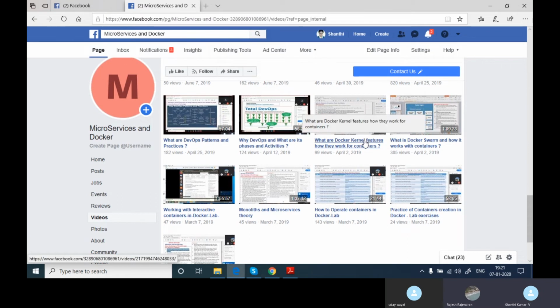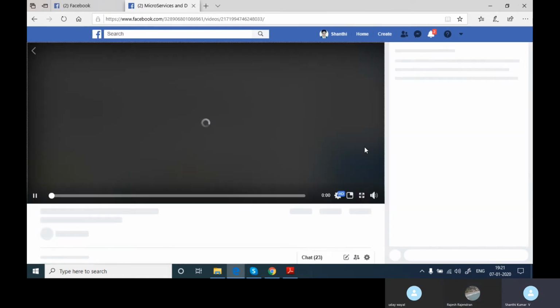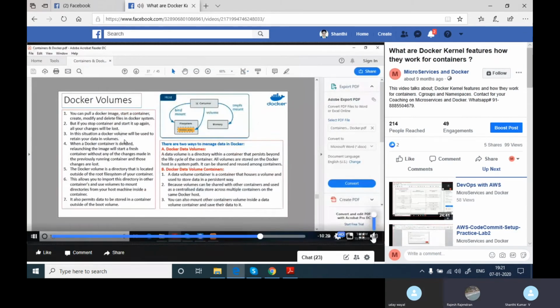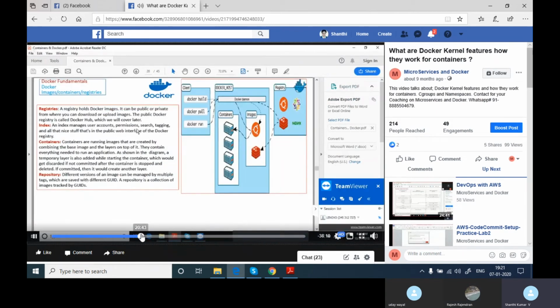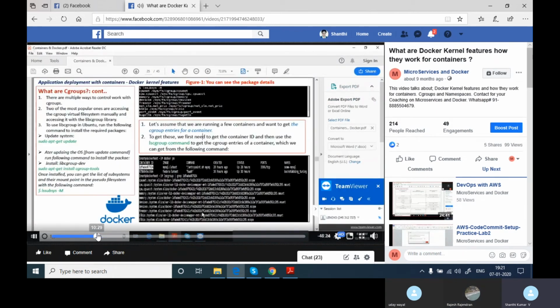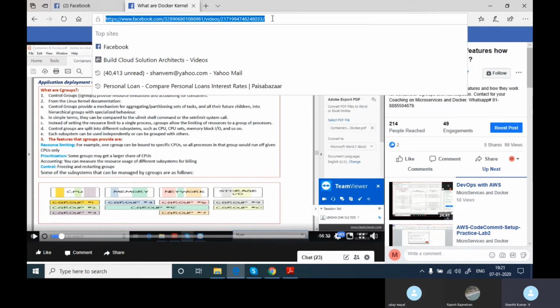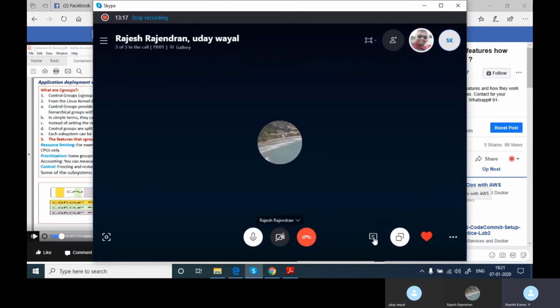This is the one, kernel features are discussed in Docker. Before coming to Docker, I discussed cgroups and LXC containers in Linux, all these things. So you have to watch this video to clarify those doubts. I will copy it here in the message.